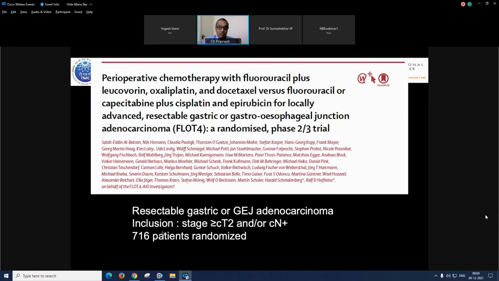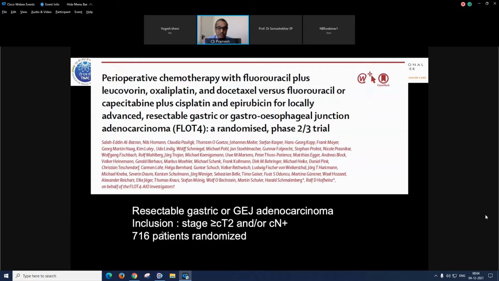We have the FLOT4 study, which is again a remarkable study in the way they looked at perioperative chemotherapy outcomes for esophageal and junctional adenocarcinomas. This is again one of the few studies which have separated squamous from adenocarcinomas, which I said is very important.